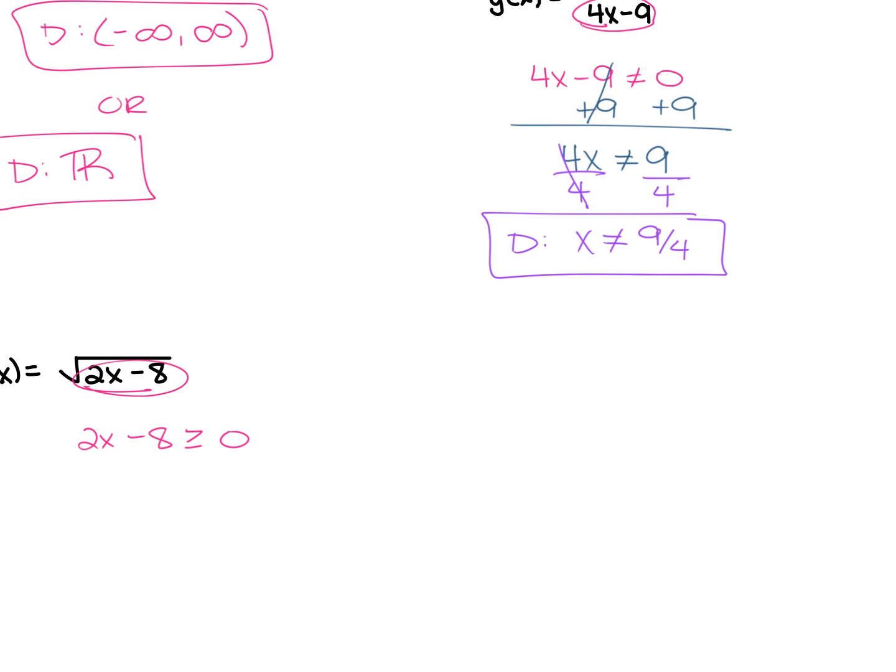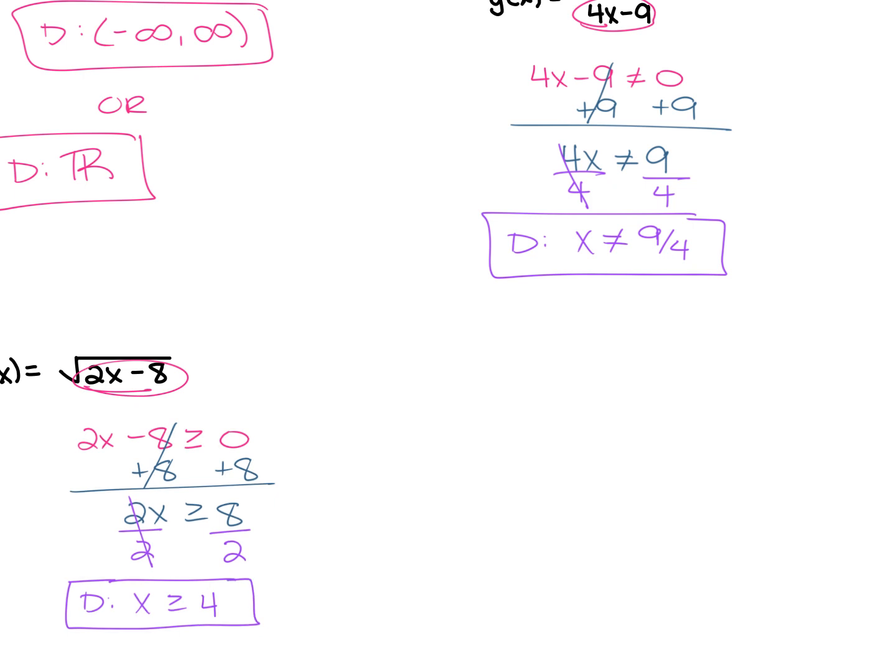From here, we're going to just solve for x. So we're going to move that 8 over first by adding it to both sides. This gives us 2x is greater than or equal to positive 8. From here, we divide each side by the 2, and we get that x is greater than or equal to 4. So this domain is just x is greater than or equal to 4.